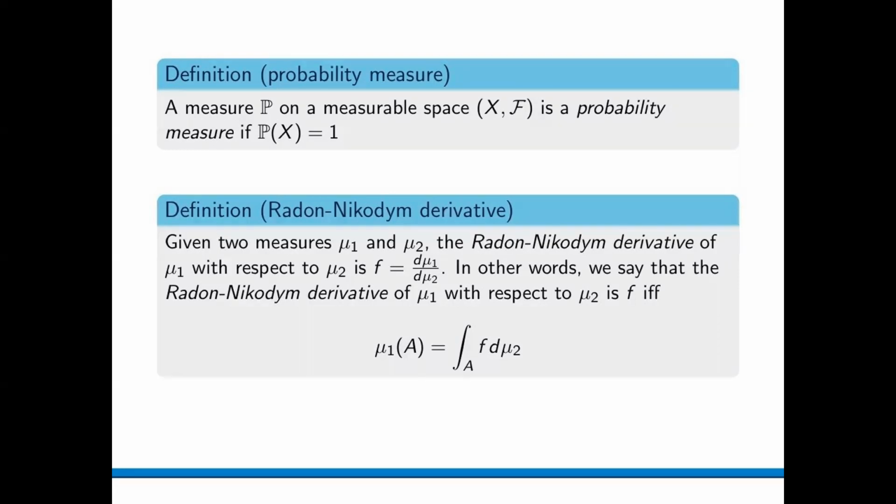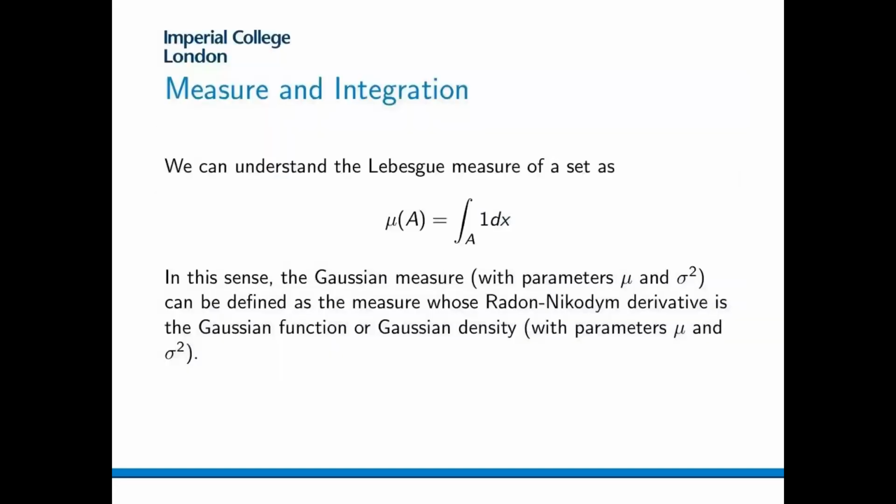That's how the Radon-Nikodym derivative is defined. And f is measurable, for mu2, because you're integrating. Okay, got it.